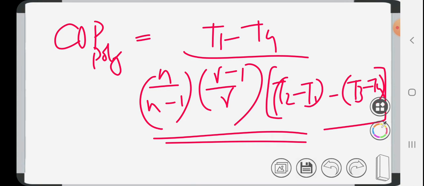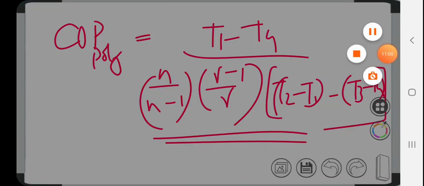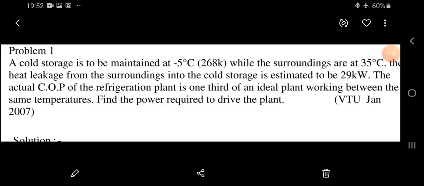Okay, now we can do some problems. So are you ready? Students, please note down this problem. A cold storage is to be maintained at minus 5 degrees Celsius, so 268 Kelvin. The sink temperature, the temperature of the space to be cooled, is 268 Kelvin, while the surroundings are at 35 degrees Celsius. That means the source temperature, the ambient temperature, is 35 degrees Celsius.